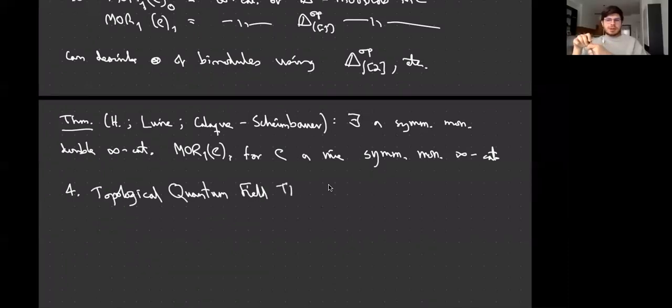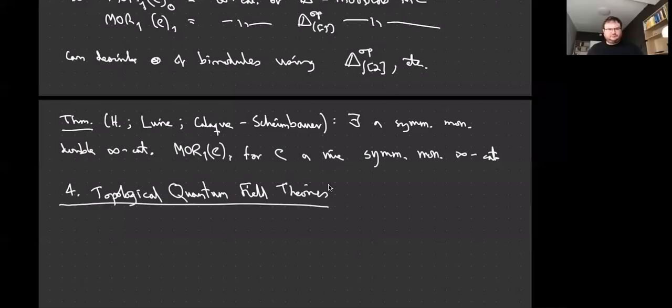Sorry, I've got another question. So in this more1, this was a simplicial object.